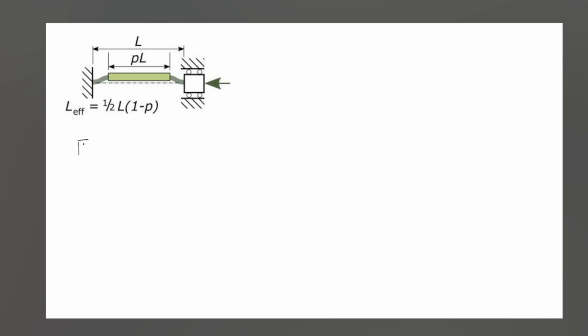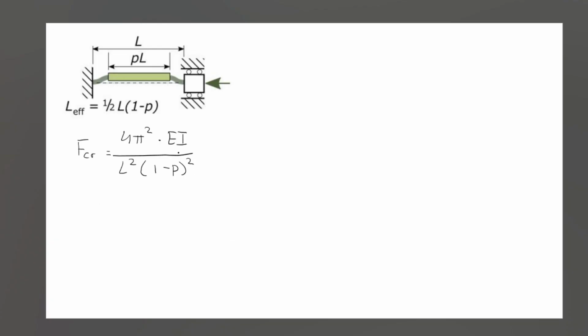The critical force, so basically the buckling force, is 4 pi squared times EI over L squared, and then we have 1 minus P squared fully.